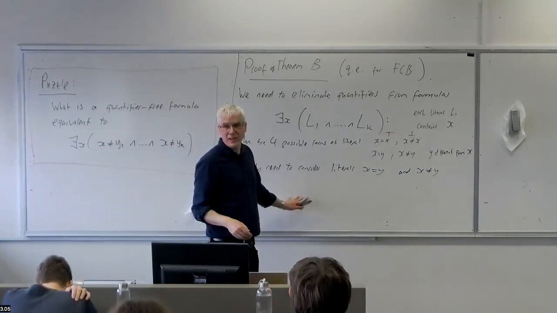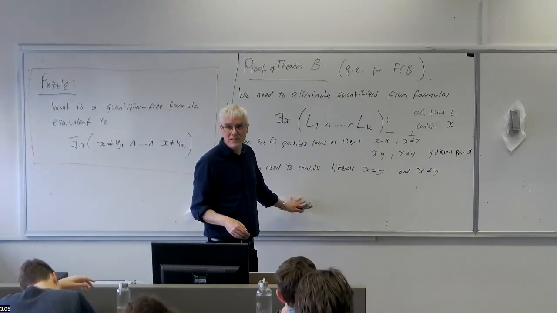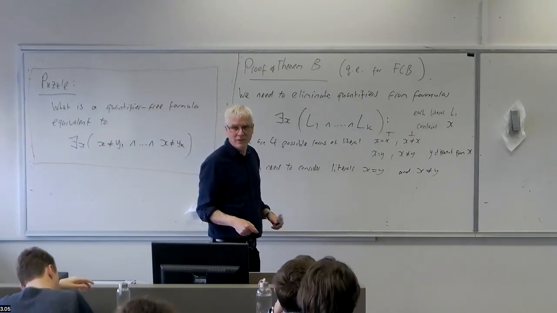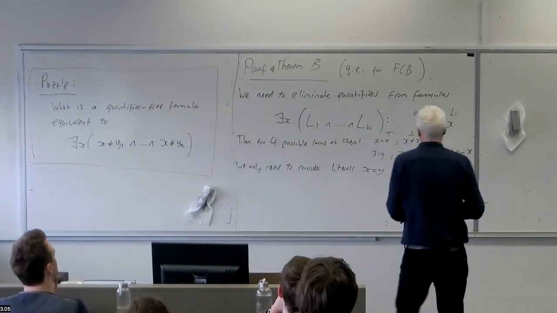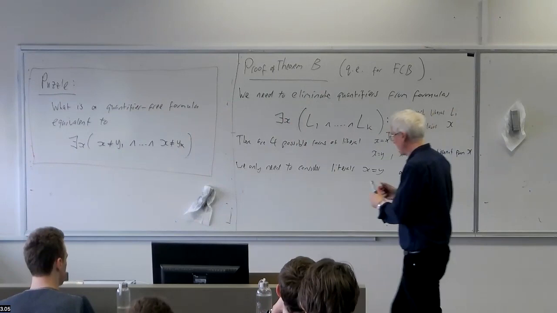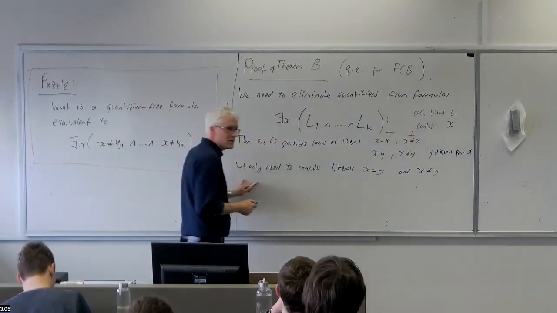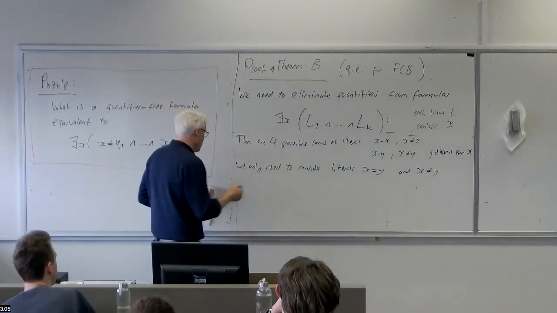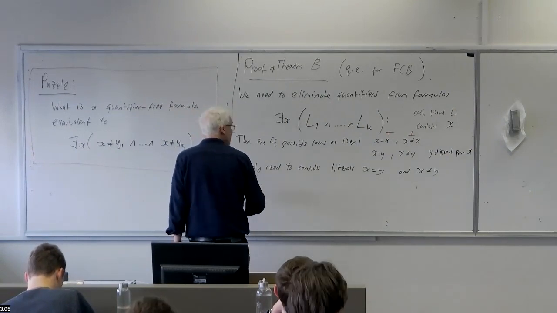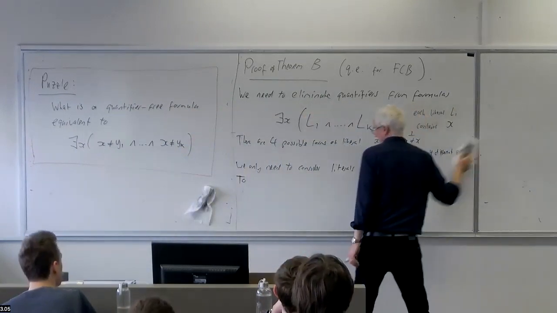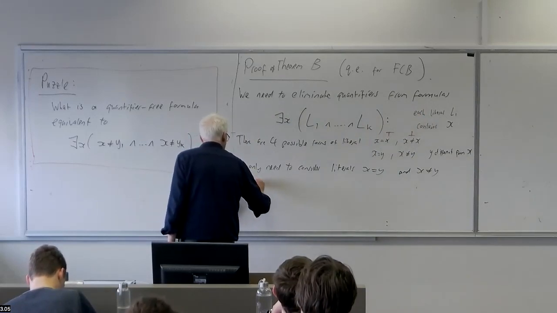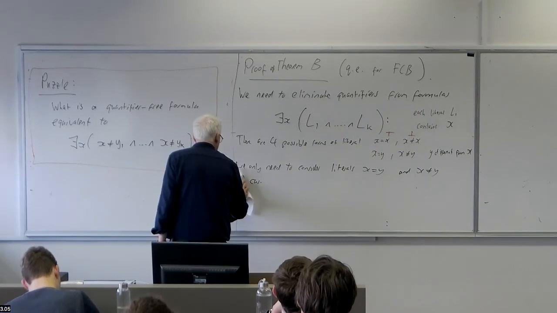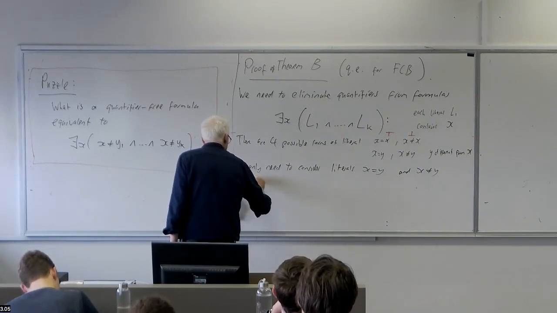So there are now going to be two cases. The first one is easy, and the second one is the tricky one. The first one is so easy, I'm going to squeeze it in at the bottom of the board. So, case one.